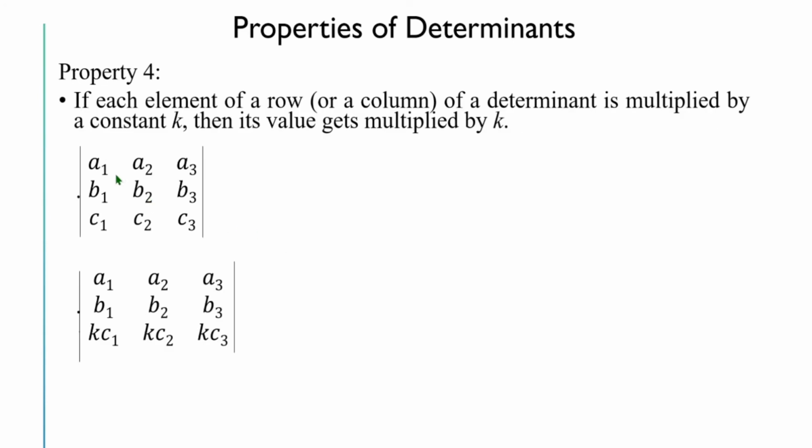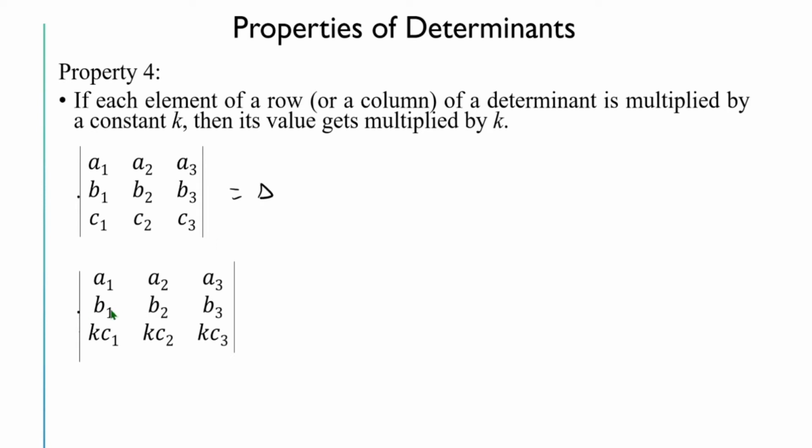The next property is if each element of a row or a column of a determinant is multiplied by a constant k, then its value gets multiplied by k. Say for example, if this is the given determinant a1, a2, a3, b1, b2, b3, c1, c2, c3, let us take this as delta.